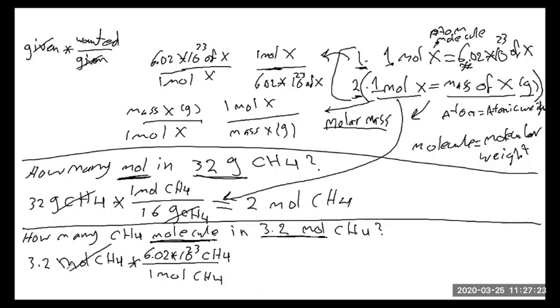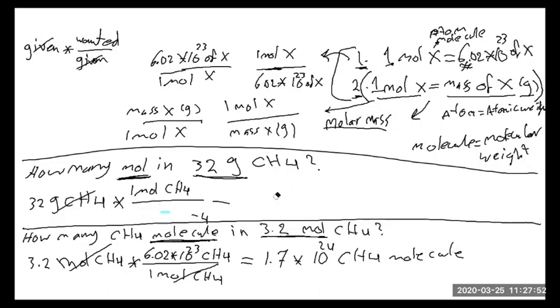Now cancel mole CH4 with mole CH4. Do the math. Here we will get approximately 1.7 times 10 to the power 24 CH4 molecules. Just check the number after me if you want. And this is the answer.